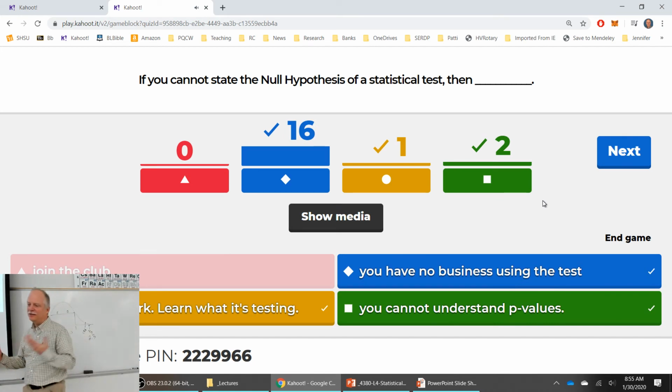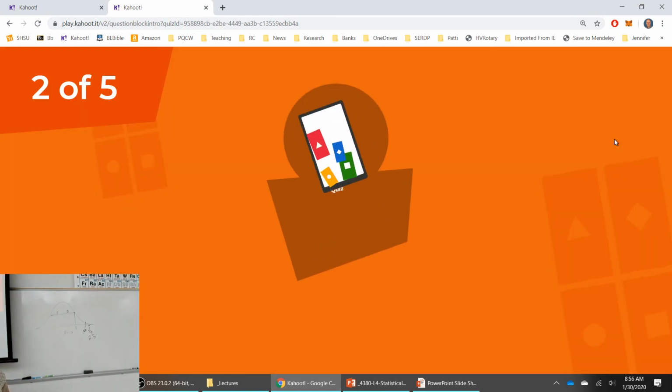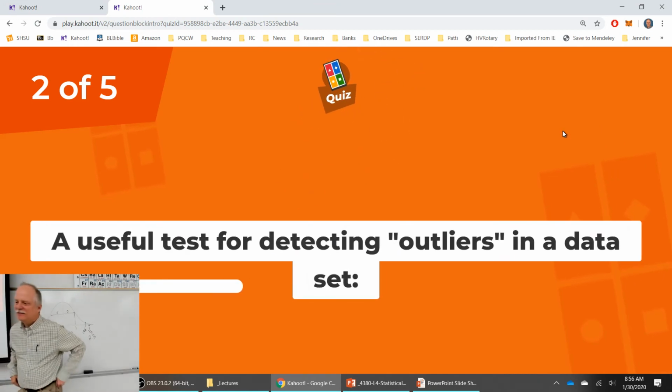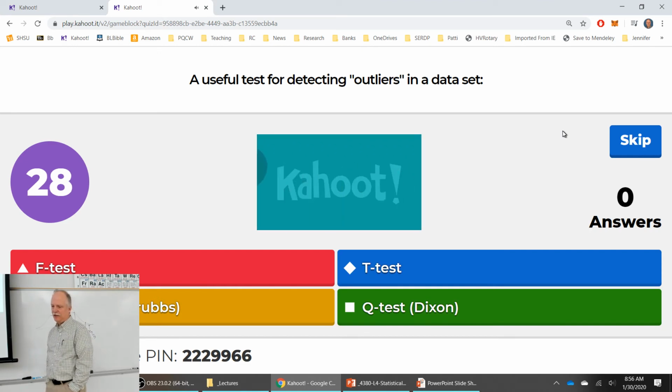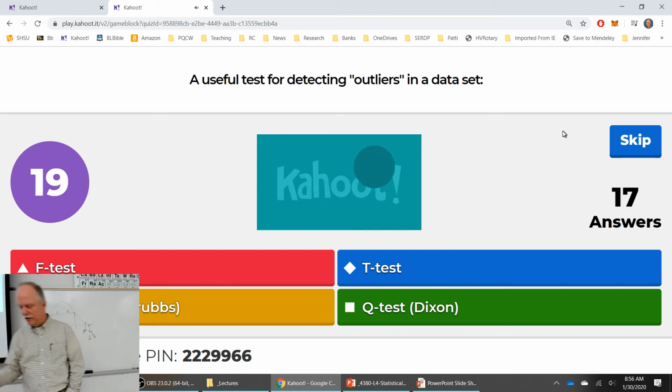All right, so 3 of those I would say are fair answers. Pick your favorite. Once again, pick your favorite. So this is the outlier test. That was that result of 15 in the trainees data set.